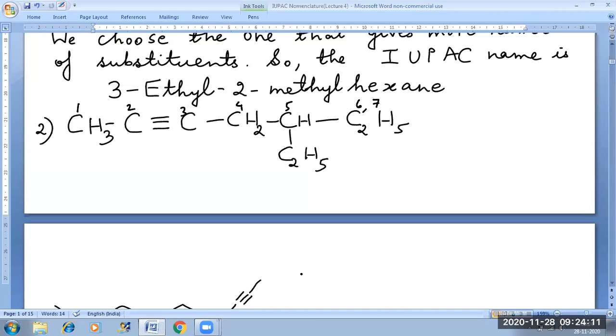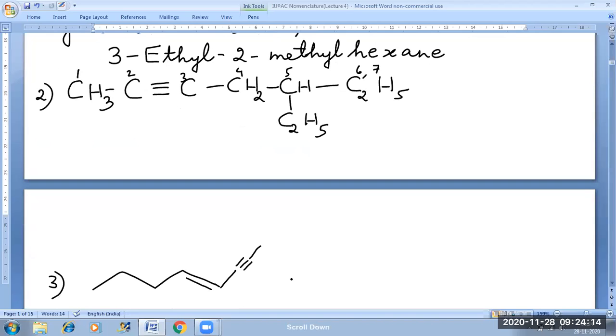So 7 carbon atoms come in the longest chain. And the longest chain contains the triple bond. At the fifth position, I have one substituent. This one.